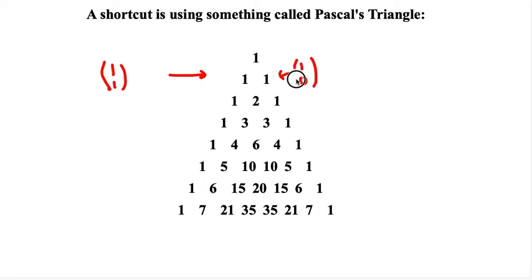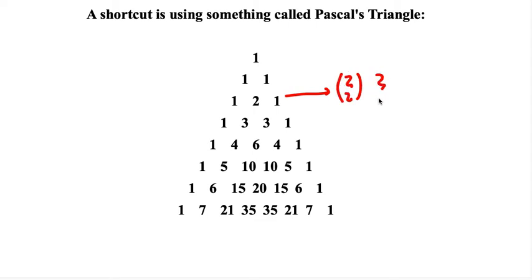That is, how many ways are there to pick 0 things from one object? Well, there's only one way to pick nothing, thus the answer is 1. Now it gets interesting once we get down to the remaining rows, which means that this row here is equivalent to 2 choose 2, 2 choose 1, and 2 choose 0.